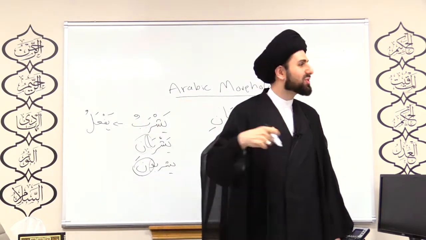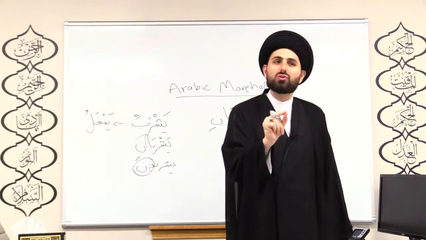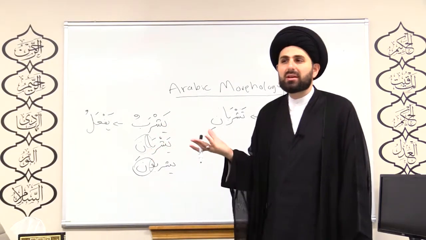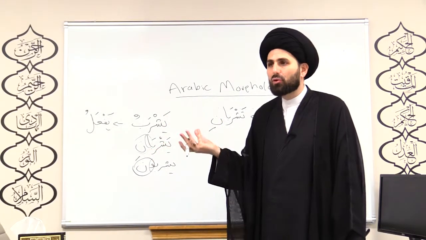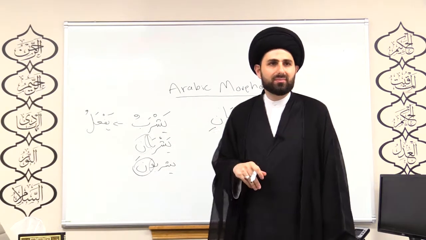Tashrabna. No. It is yashrabna. So when it comes to the masculine feminine, you don't change the ya to a ta. You keep the ya. Now where's the sign of femininity and plurality? That noon. That noon indicates you're dealing with what? A feminine group.